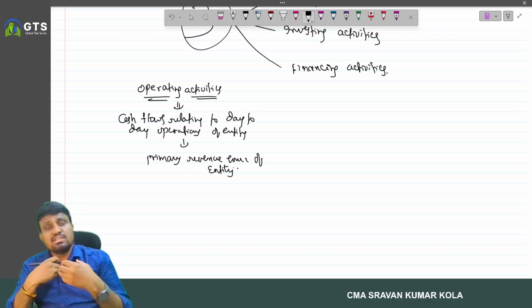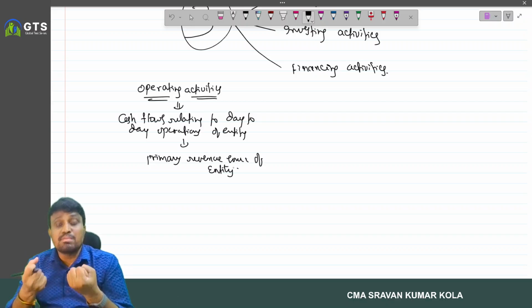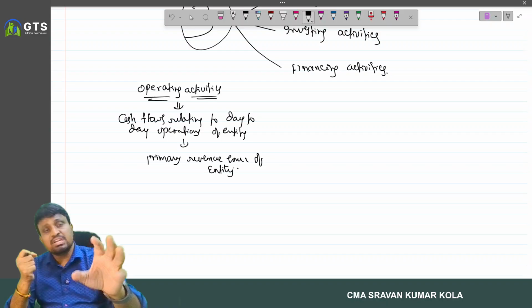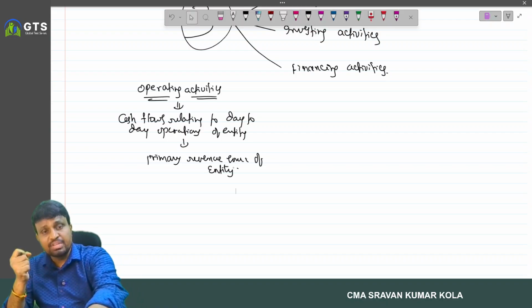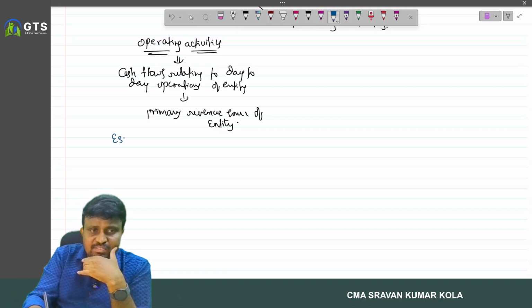For example, if we are a furniture dealer, then sale of furniture is my primary revenue source, and whatever activities happen in relation to that are covered under operating activities. And generally, which items are covered under operating activity?